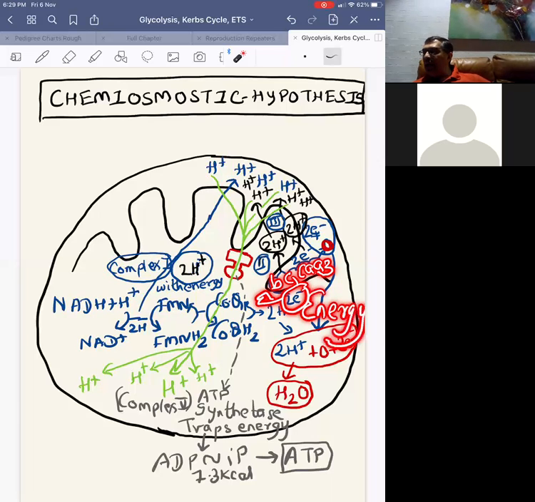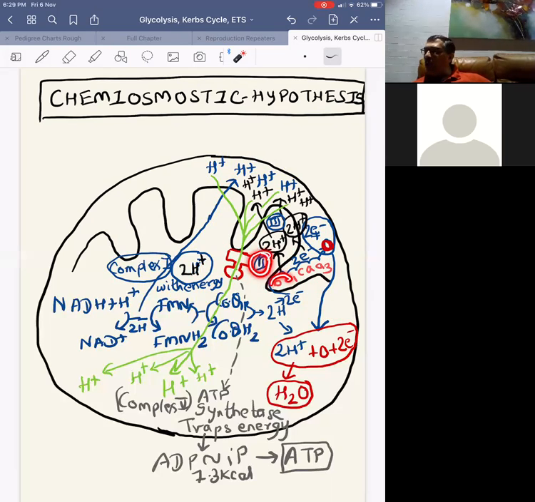So when the electron goes from B to C1, a little energy will go along with the proton, and the proton will go from the matrix into the intermembranous space, and that is called complex 2. We call it complex 2.